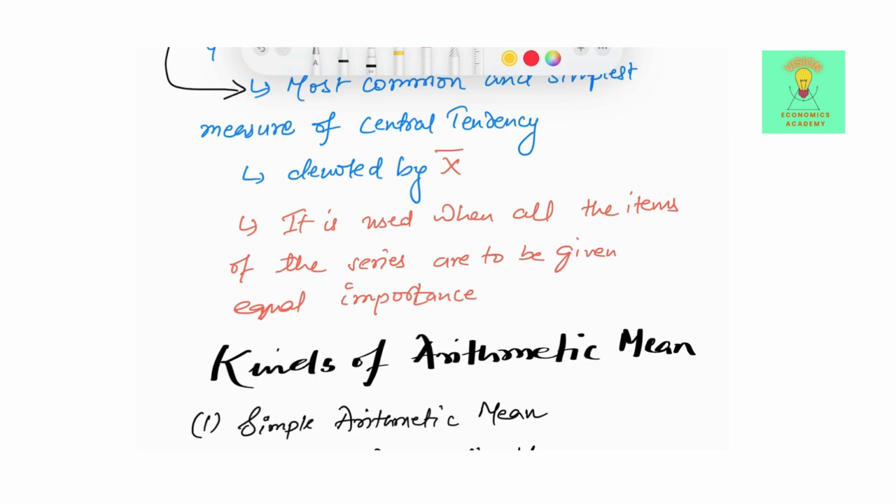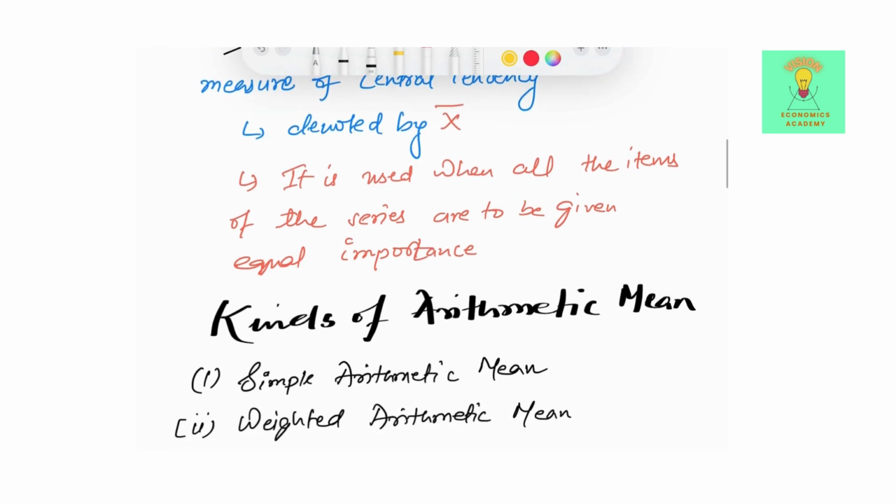So the items in the distribution should not be so much varying, right? Because mean is affected by the extreme values. Therefore, we know that when we are calculating arithmetic mean, all the items of the series are given equal importance. All right.